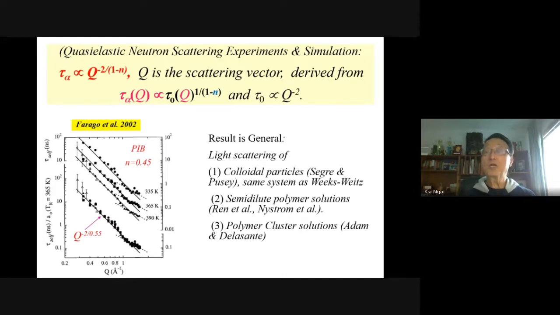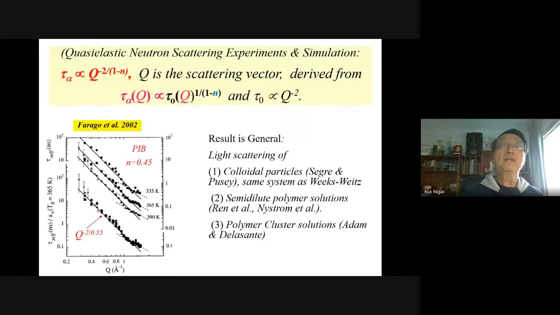They also do the Q dependence, Nystrom et al. And polymer cluster solution, they all find the same thing. In other words, they find the n value, and you put it into this equation, they verify the observed Q dependence is exactly Q to the power minus 2 divided by 1 minus n. So this is one good, clean example to show you how this works.